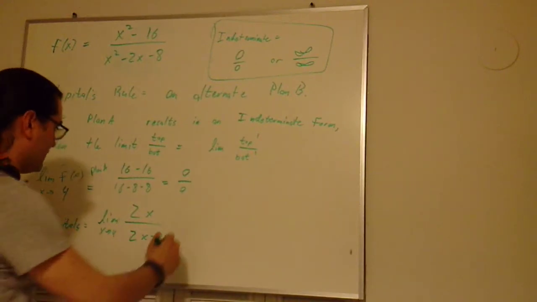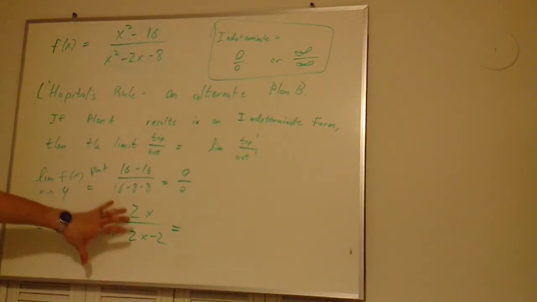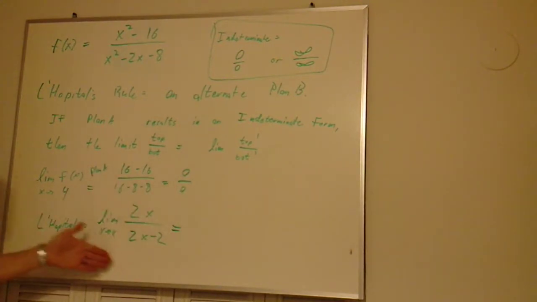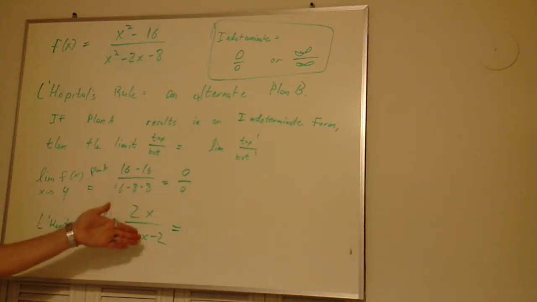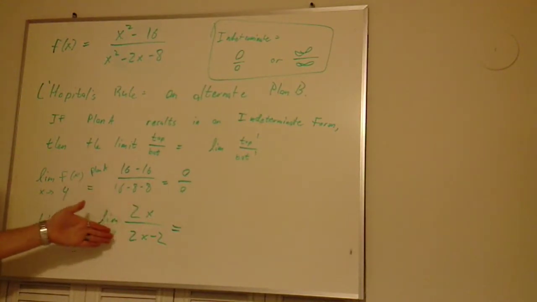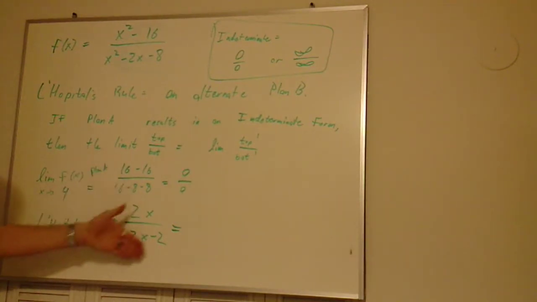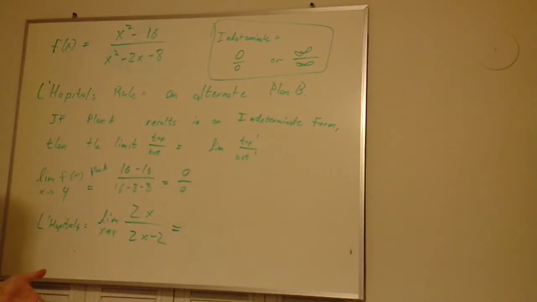We can just try to plug in our number. Once you use L'Hopital's and get your new version of this thing with its derivatives, you can just plug in these numbers. It's kind of like going back to plan A with this new version of the function.